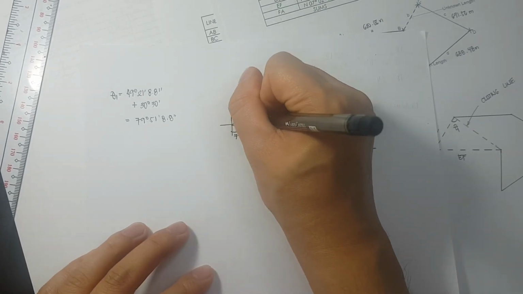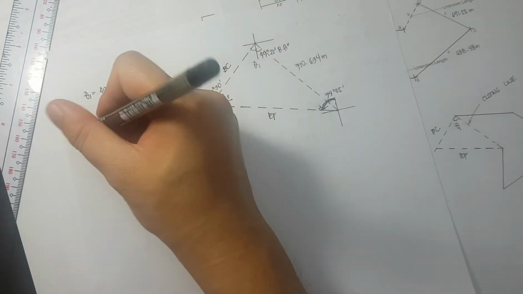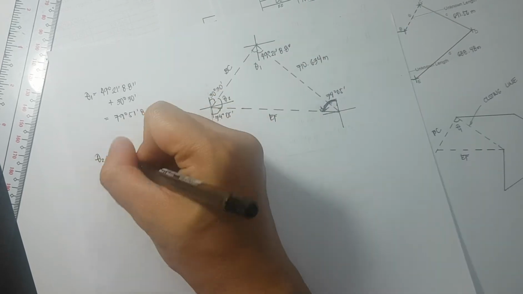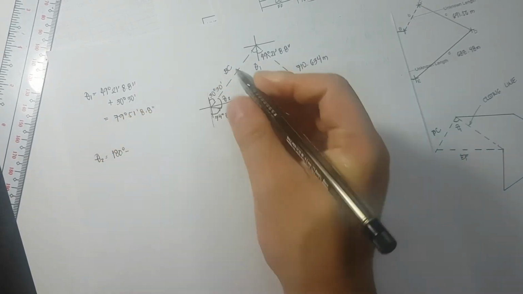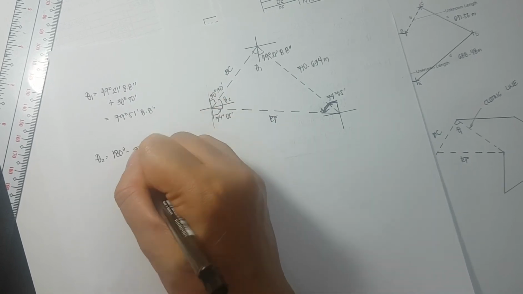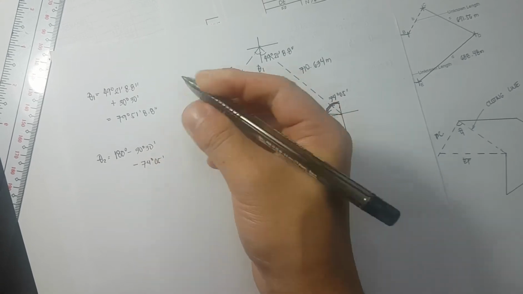Therefore, we can determine theta 2. Theta 2 is equivalent to 180 degrees minus 30 degrees 30 minutes minus 74 degrees 5 minutes.